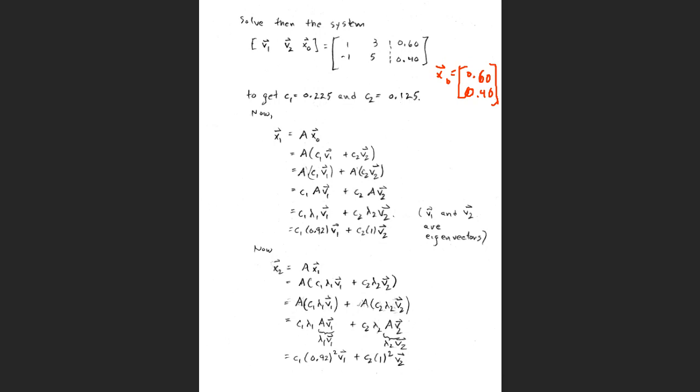So in the end, when we determine the long-term behavior of this dynamical system, which is in this case the migration matrix example we did, we should end up with the same result that we got.